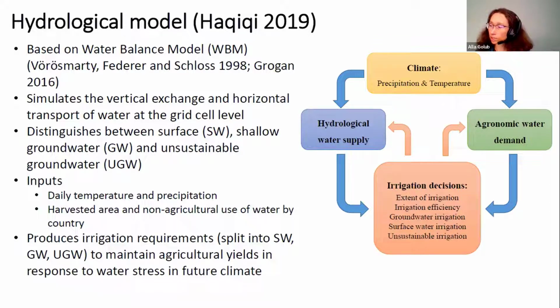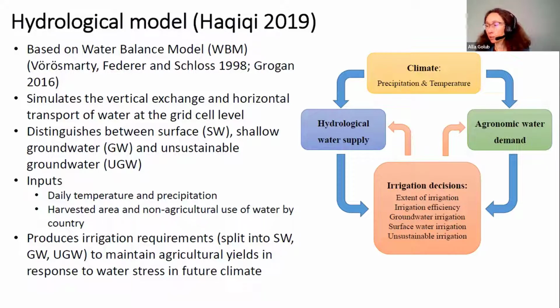Among inputs in the hydrological model are daily temperature and precipitation, and harvested area and non-agricultural use of water by country. Given the harvested area, the model produces irrigation requirements to maintain agricultural yields in response to water stress in the future climate.